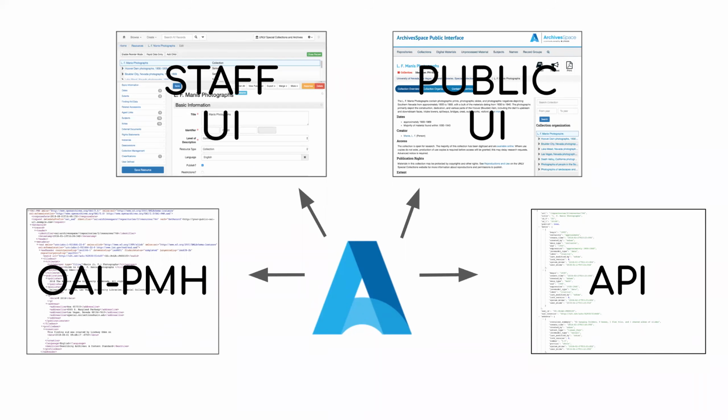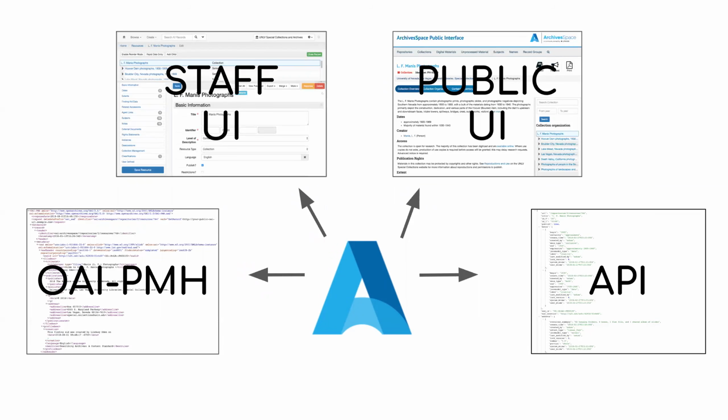But we also have the public user interface, which is where your users, your patrons, your researchers come to find out about the materials that you have, what's in there, what's the context of these materials, and how they should get a hold of them.